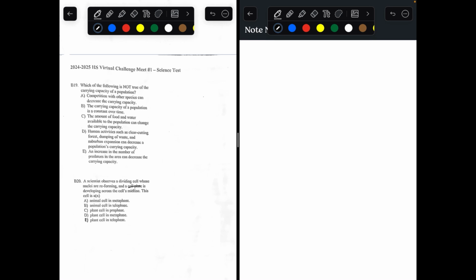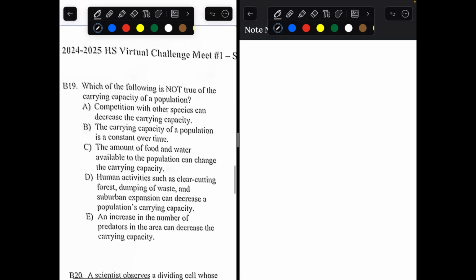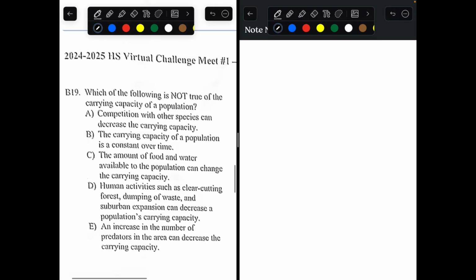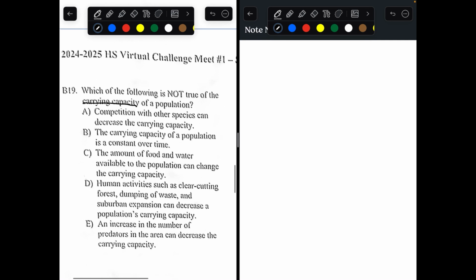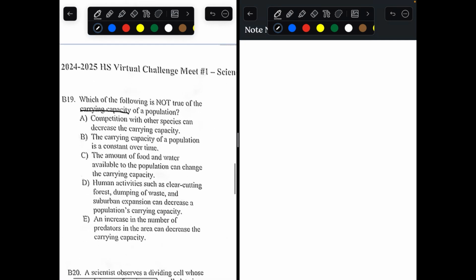Number 19. Which of the following is not true of the carrying capacity of a population? So a population's carrying capacity is the total number of species a population could carry without harming the environment. So if a population exceeds the carrying capacity, that means damage is being done to the environment.